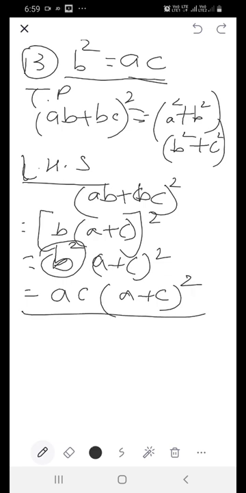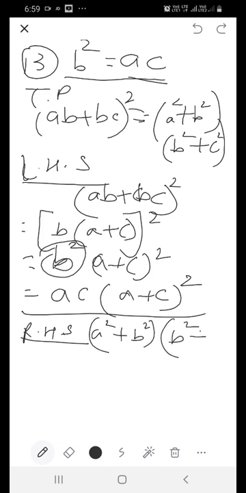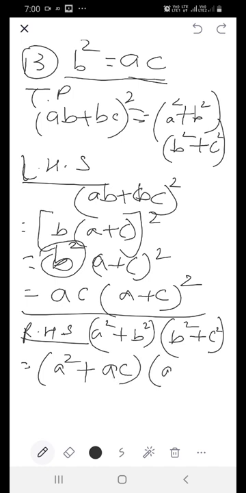Now I'm going to write the right hand side. Right hand side is (A square plus B square) multiplied with (B square plus C square). I'm going to prove both the sides same. Now it is A square plus, for B square I can write it as AC, and in the next also B square I can write it as AC.